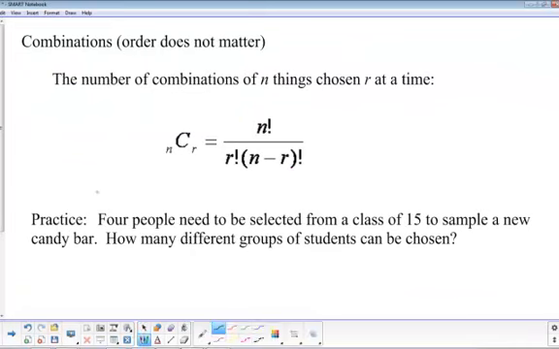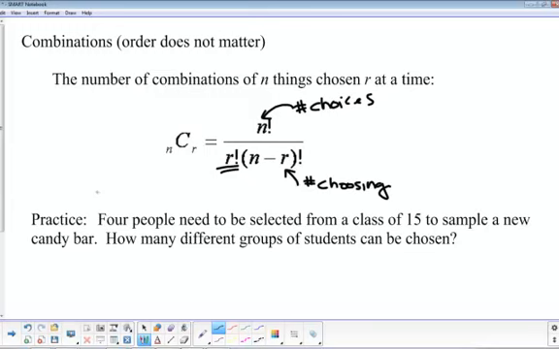Again, n is the number of choices that you have, and r is the number that you're choosing. And we have this extra r factorial down here, and that's what's going to get rid of all the doubles.